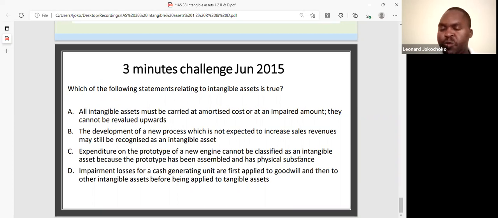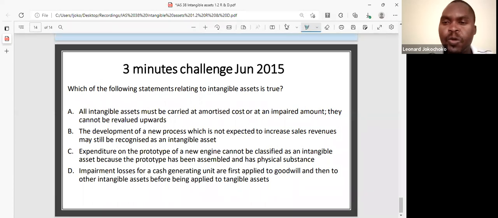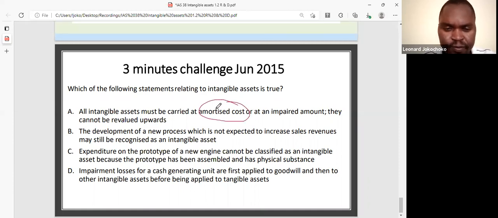Is this statement true or false? You need to make use of the knowledge we saw in our first lecture and today. We know that intangible assets can be held at the historical cost method or revaluation method. Because there is the revaluation method, this statement is not correct.